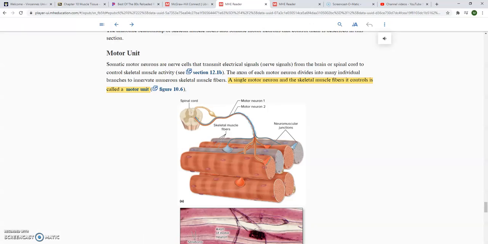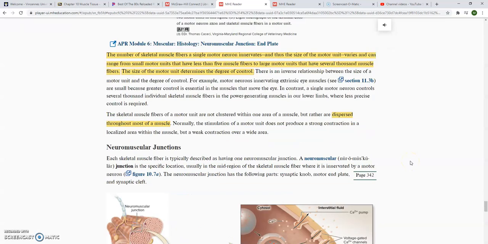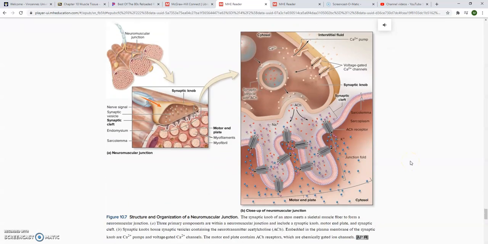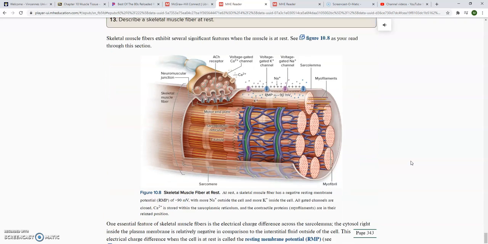So let me go back to our picture. Let me start with this picture, and we've already talked about the synapse. This is showing a synapse between a motor neuron. So this is the axon terminal.